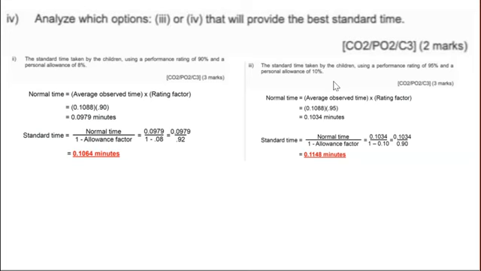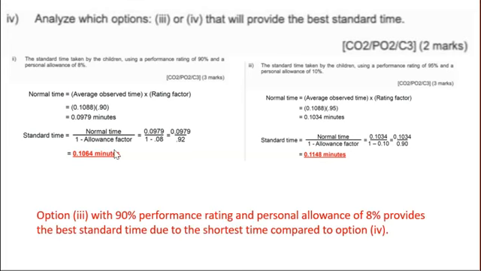And for the second one, with the 95% rating and personal allowance of 10%, we get 0.1148. To decide which one has the best standard time, we look at the shortest time. So the shortest time is this option, option 2, with 90% performance and 8% allowance, which provides the best standard time. Why? Due to the shortest time compared to this option. Okay, so we get 2 marks here.